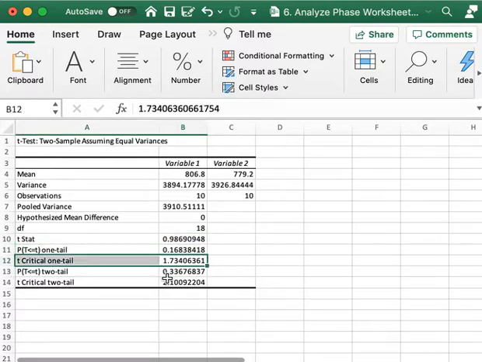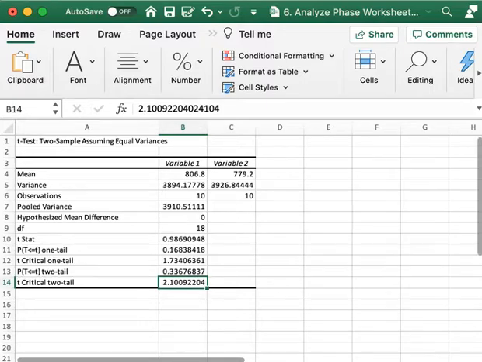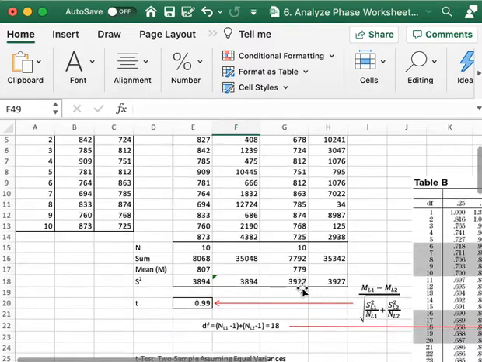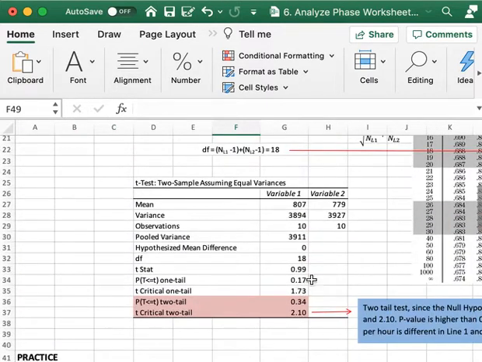If you're doing one tail, the critical value is 1.73, so that's higher than this. If you're doing a two tail, it was 2.1, which is the same value that we looked at on this table, right? Remember the 2.1 here, okay? So we're doing the two sample t-test, so this is our critical value.